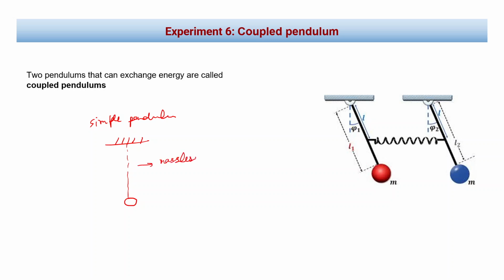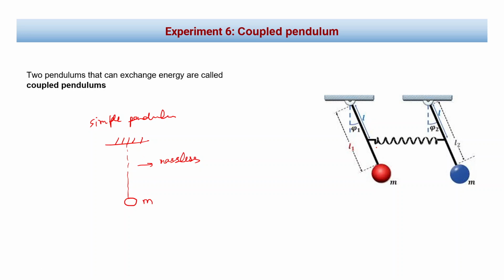I mean the string's mass is so small that we can neglect it, and that's why we call it a massless string. What we consider here is that all the mass in this pendulum is concentrated in the bob of the pendulum, and this is the setup of a simple pendulum.